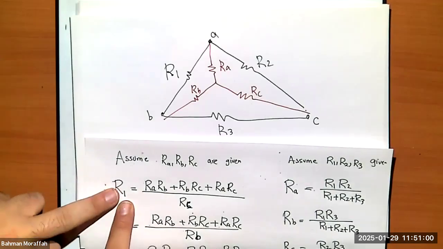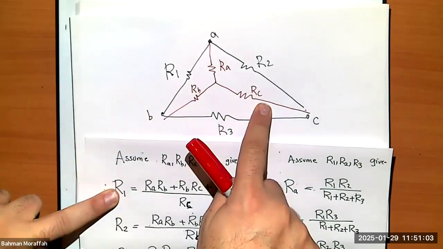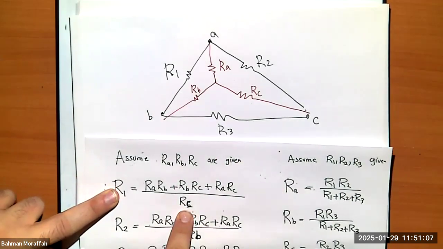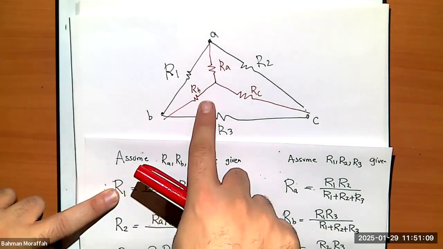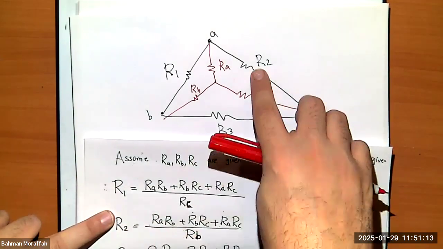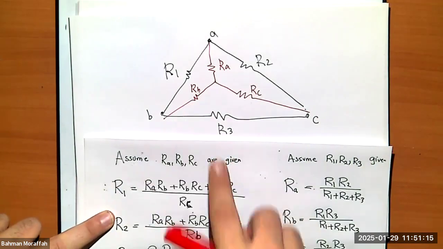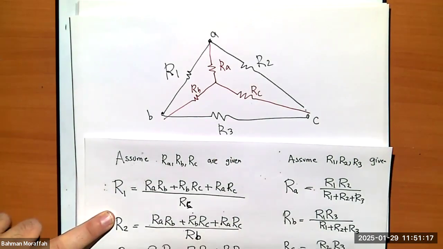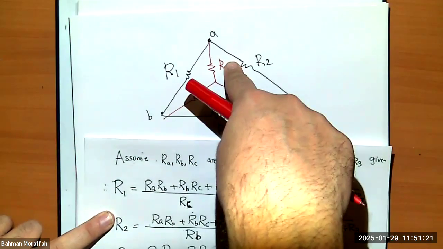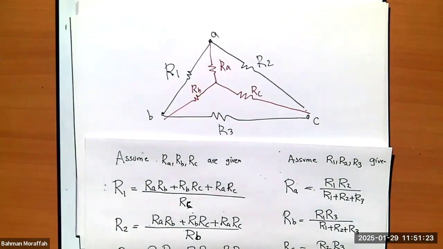Because whenever I'm writing for R1, R1 should see RC, and that's what goes on the denominator. For R2, R2 is seeing RB, so RB goes down. If I'm writing R3, R3 is seeing RA. And that's how you memorize it.